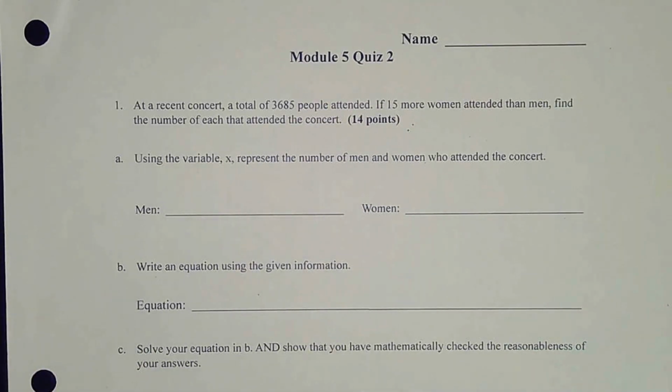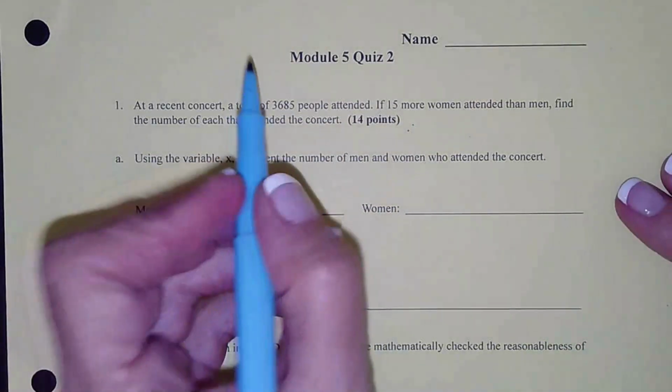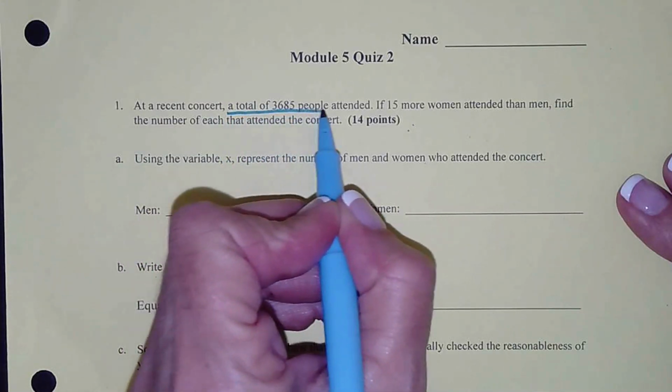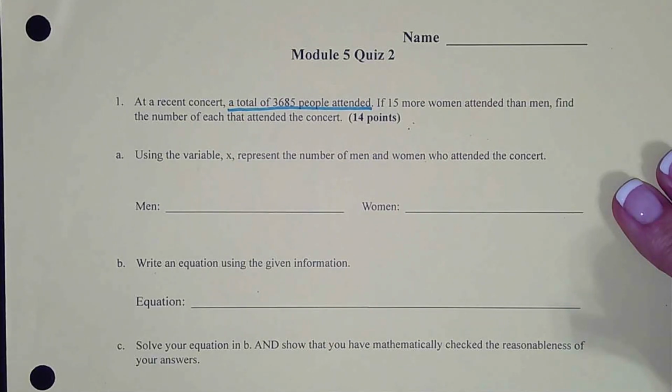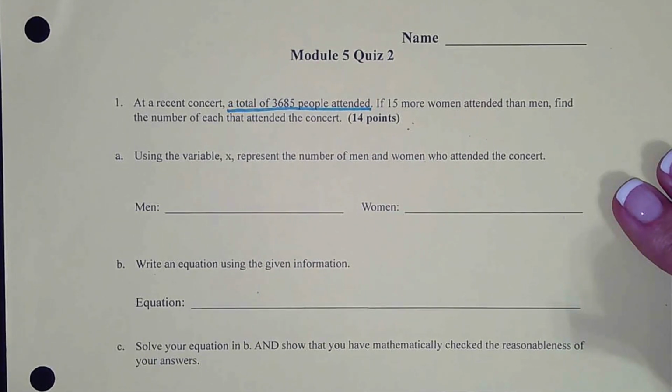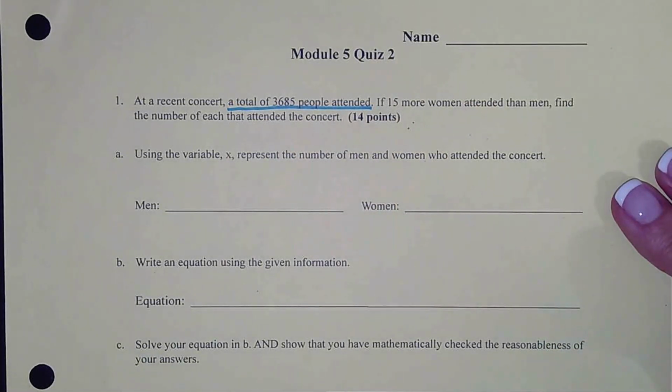At a recent concert, a total of 3,685 people attended. So we know this is probably going to be a total problem or an addition problem. If 15 more women attended than men.